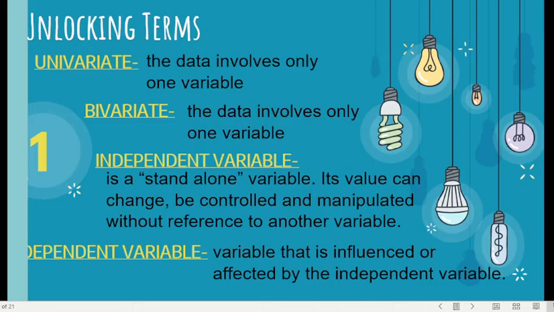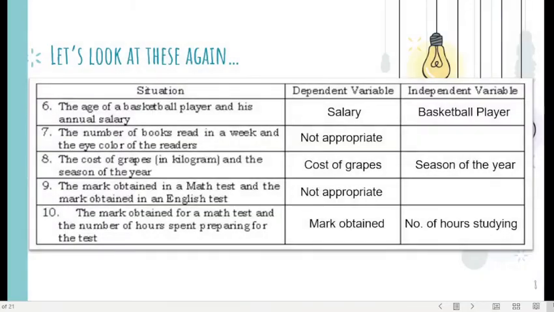So let's go back to our example a while ago. We have here two variables. Number 6, the dependent variable is our salary and the independent variable is the age of the basketball player.